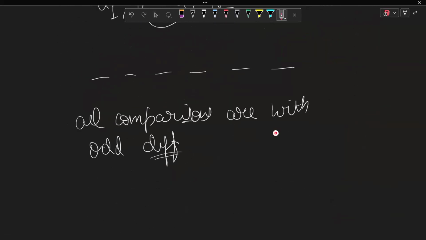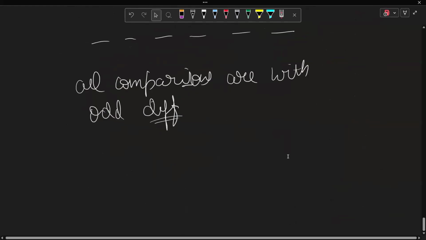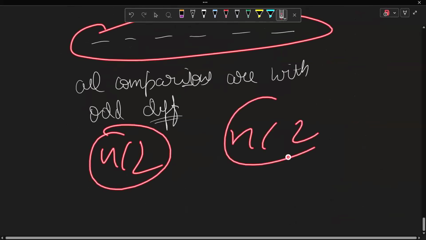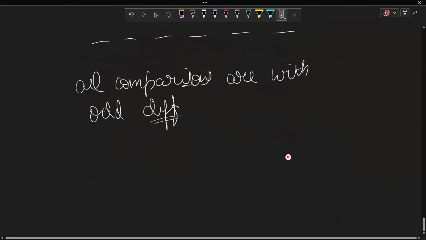So basically, it just means that for an array of size n, there would be n by 2 odd indexes, n by 2 even indexes. Among even indexes, they can be equal with each other.